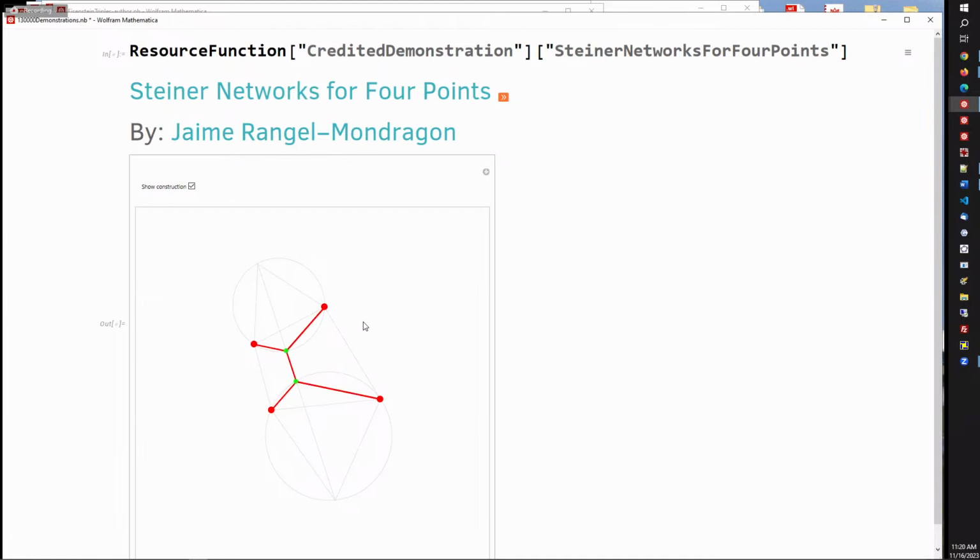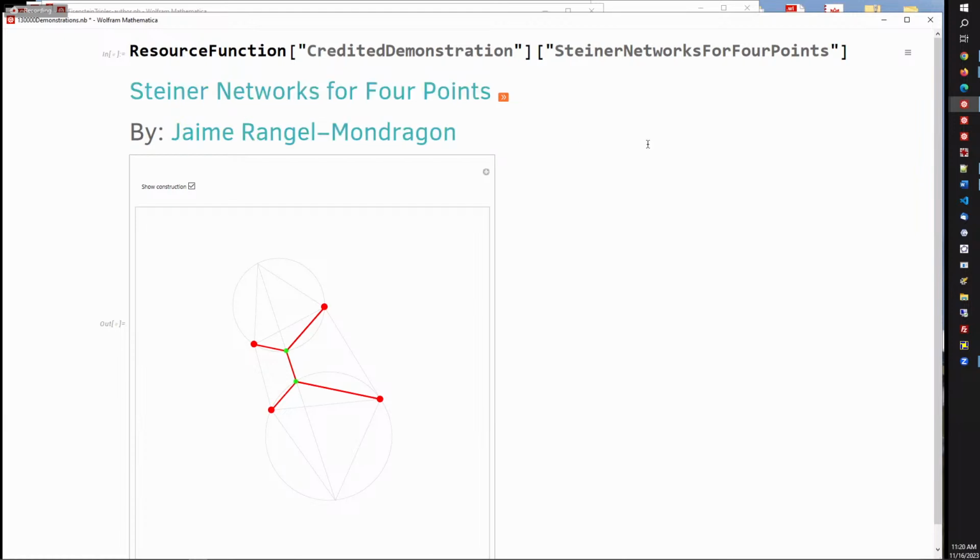So these are also seen in soap bubbles. If you look at froth with a point where three soap bubbles come together, they will always make a series of three 120-degree angles, because that's minimizing the surface area of soap film.